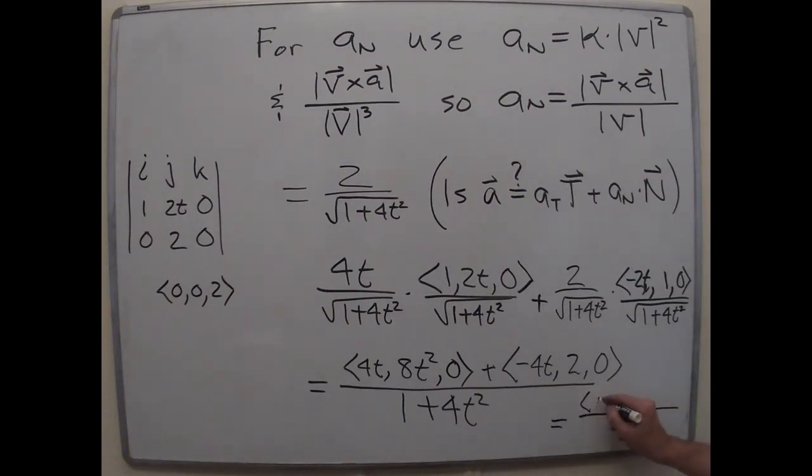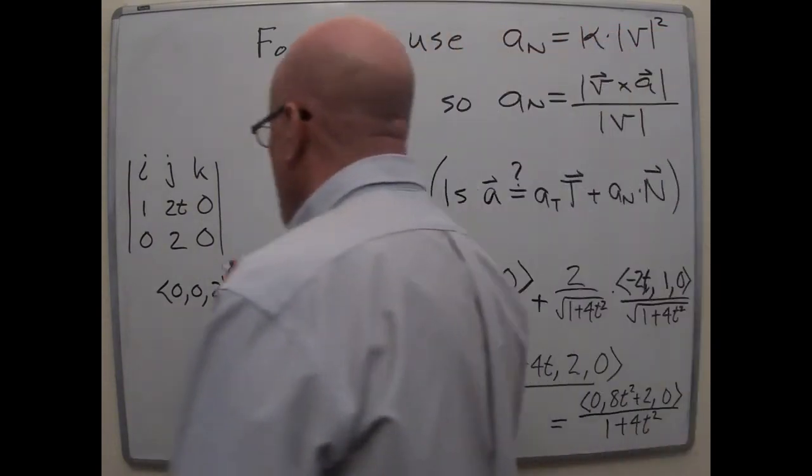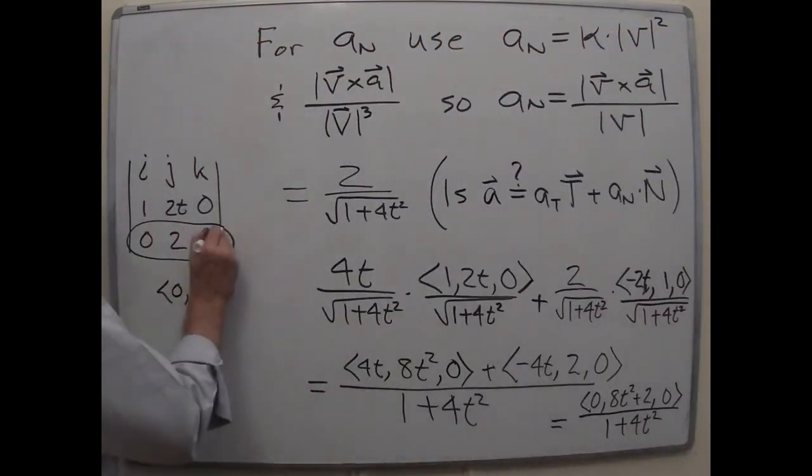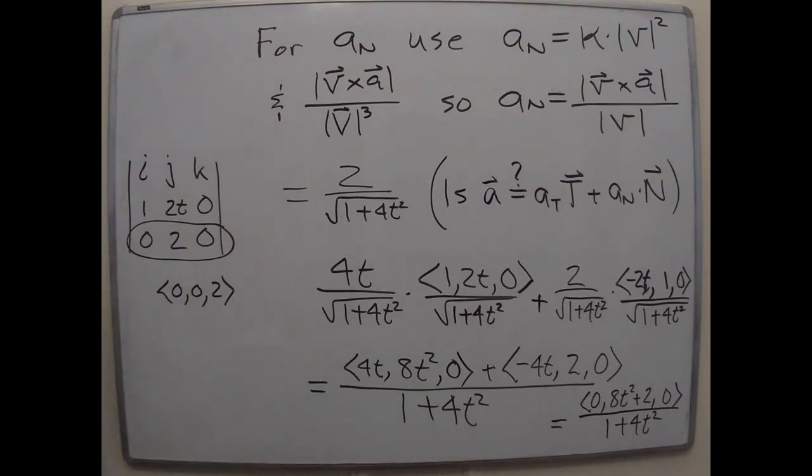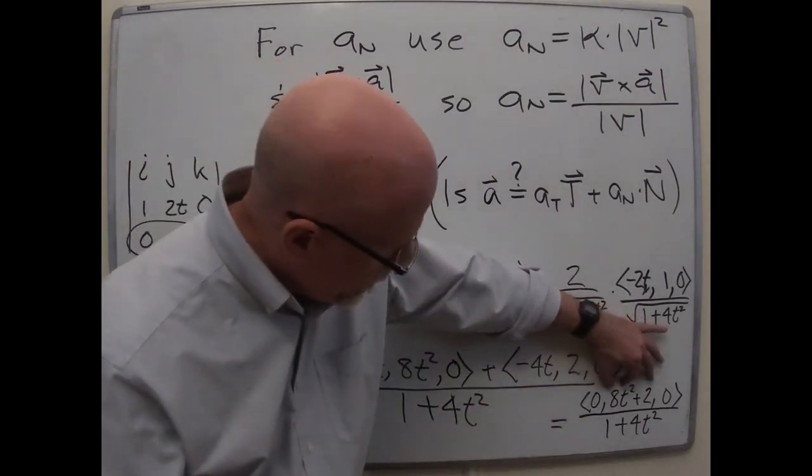Upstairs, we have a vector with 0 in the x spot, 8t squared plus 2 in the y slot, and 0 in the z slot, and 1 plus 4t squared downstairs. What's that supposed to be? It's supposed to be our acceleration vector, which is actually right there, 0, 2, 0. Check out that it is. 8t squared plus 2.